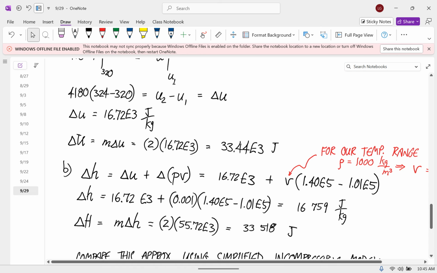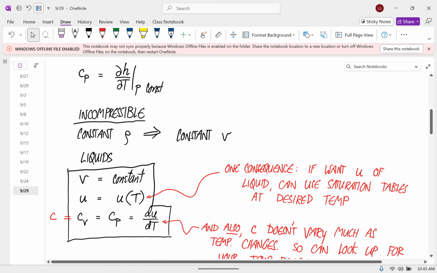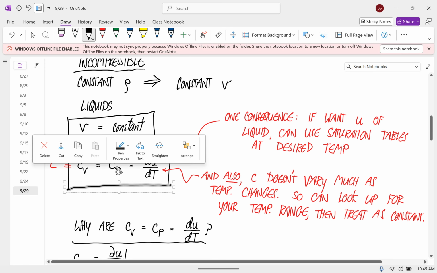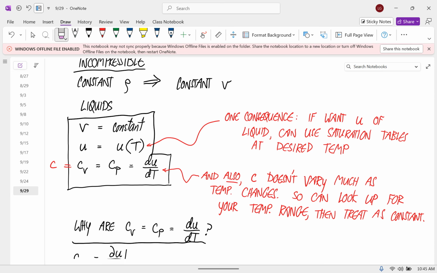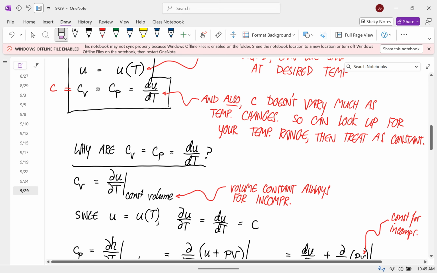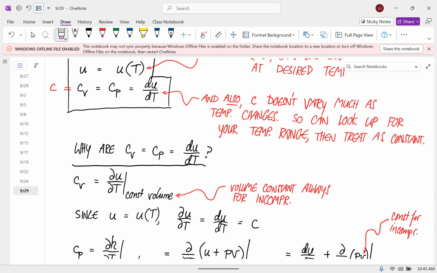You probably didn't talk about the more complicated definitions of these specific heats. You just jumped right into thinking of there being one single specific heat and using that to calculate relationships between changes in internal energy and changes in temperature. Okay, but this lets you do that.